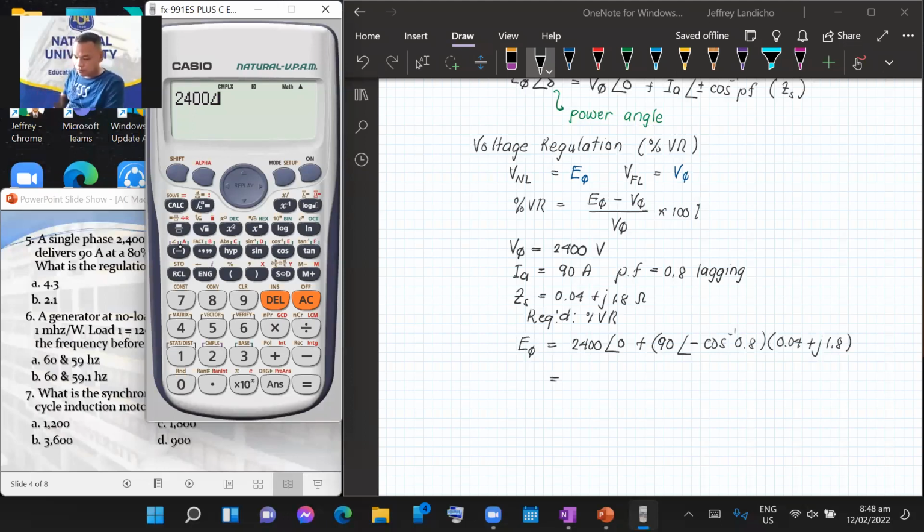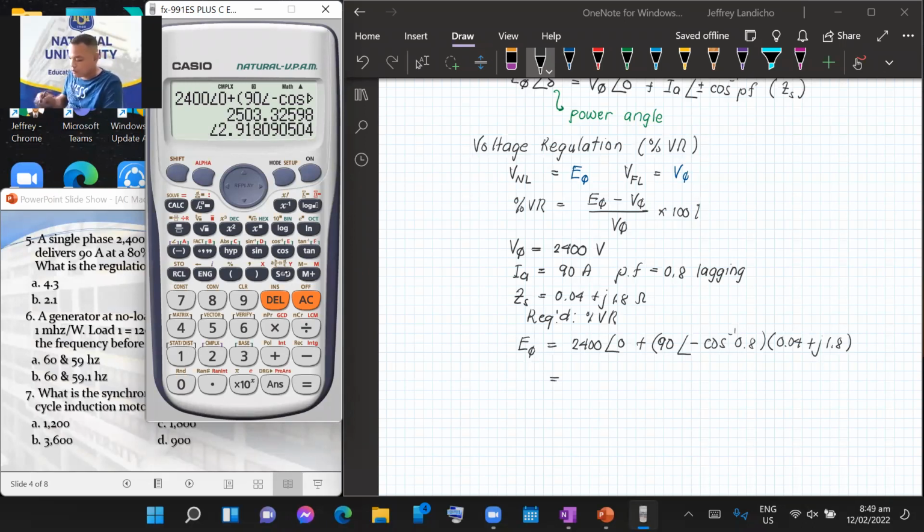So 2,400 angle 0 plus 90 angle negative arc cos of 0.8 times 0.04 plus j1.8. Let us just express the answer in complex number. We need the magnitude.